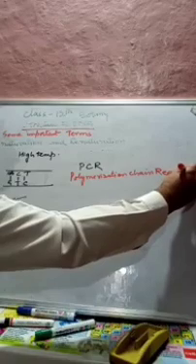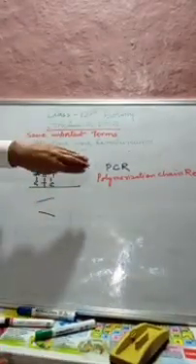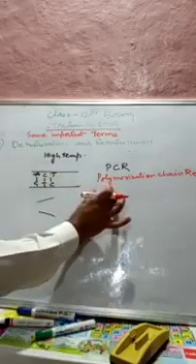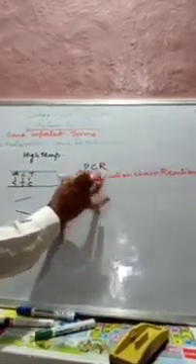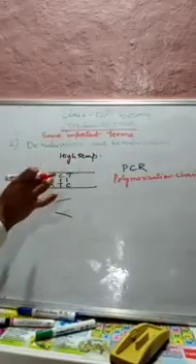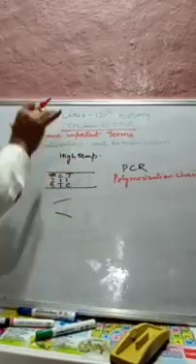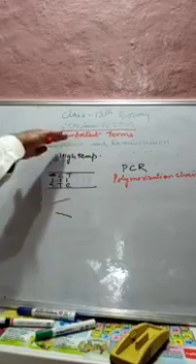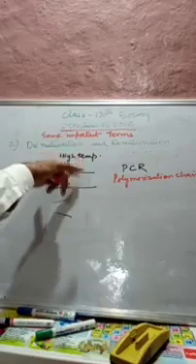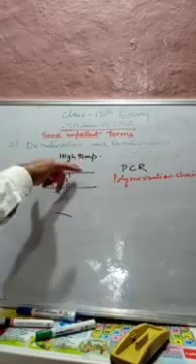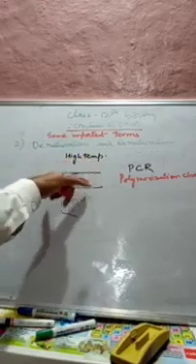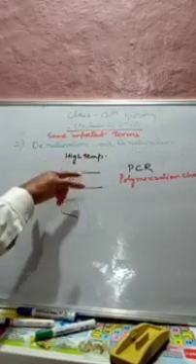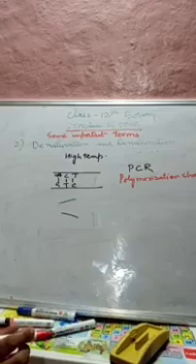If we have done the PCR technique, in the polymerase chain reaction the first step is this denaturation step. There we treat this DNA strand with high temperature, then these two strands get separated from each other.